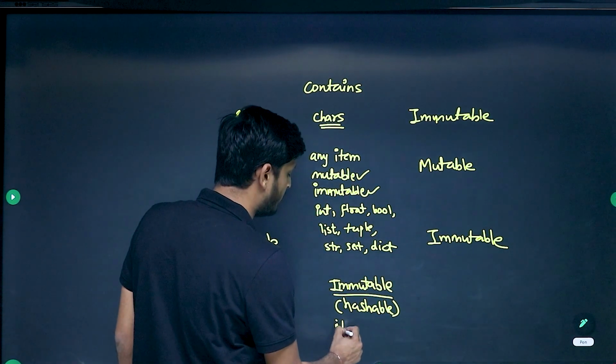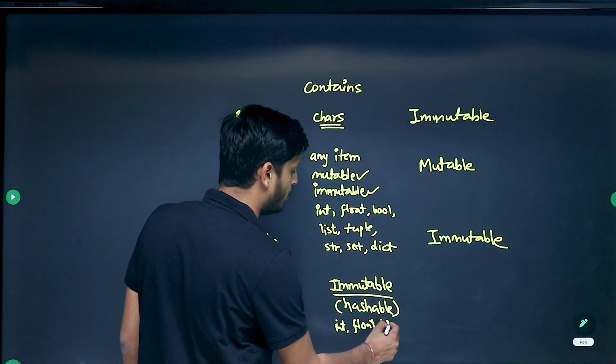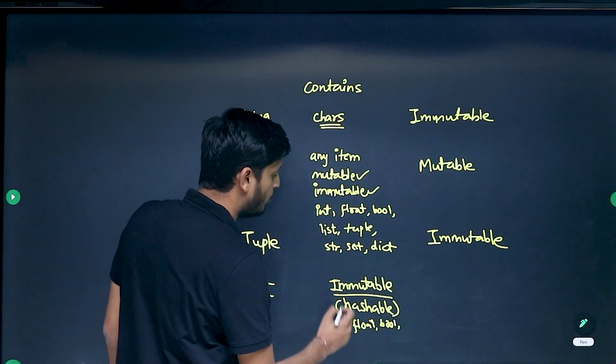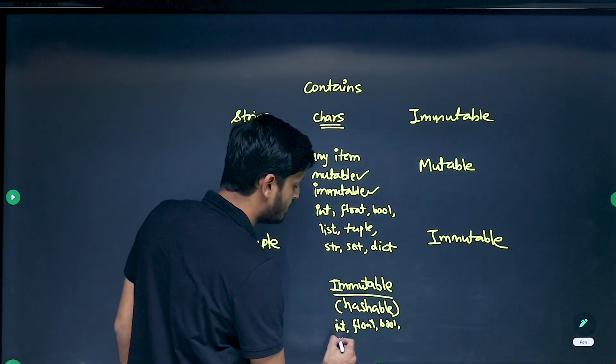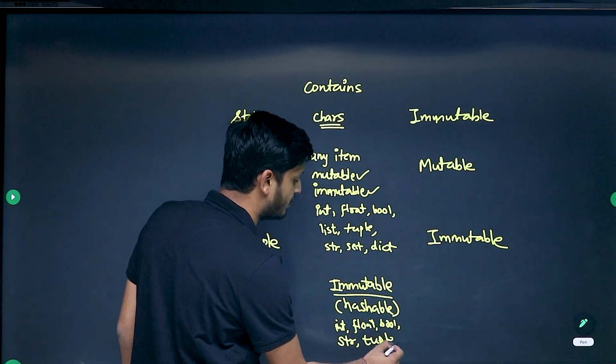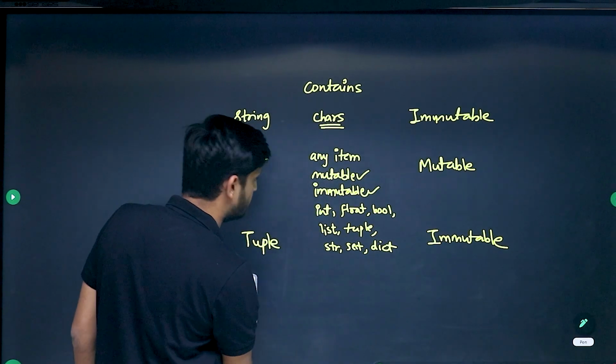Integer, floating point numbers, they are all hashable. Integer, float, bool, they are all possible. Complex numbers are possible. And coming to collections, only immutable collections, which means strings and tuples, are possible inside a set. Strings and tuples are possible, but lists are not possible.